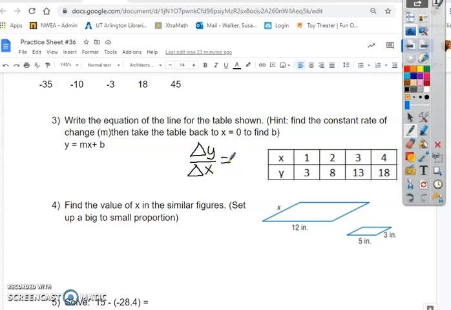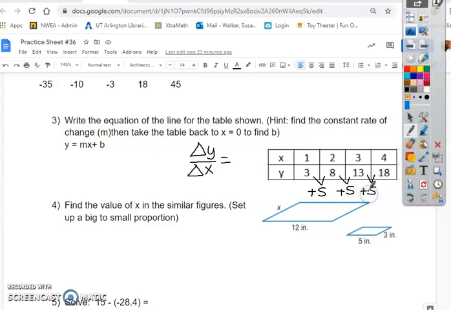In case you don't remember, delta y, remember, it's on top, so this is like a reverse. How much are we changing from here to here to here to here? Hopefully you can tell that this is getting 5 bigger. 3 plus 5 is 8. 8 plus 5 is 13, and 13 plus 5 is 18.